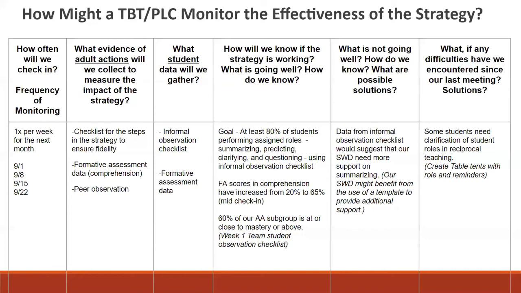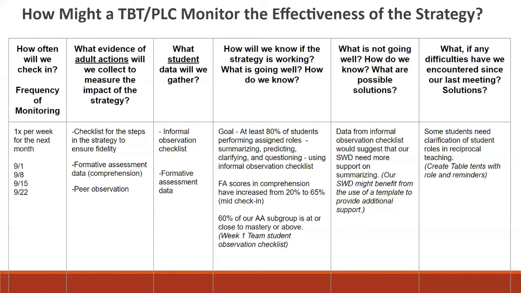For this example, the team started with identifying a goal. At least 80% of students will perform the assigned roles: summarizing, predicting, clarifying, and questioning using an informal observation checklist. After gathering their data, here's what they found.